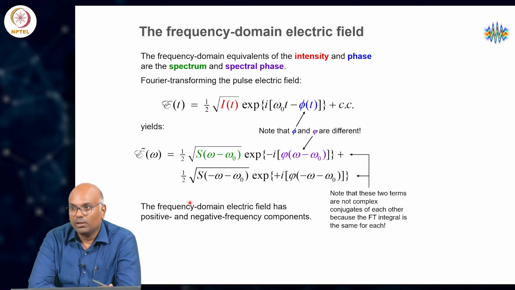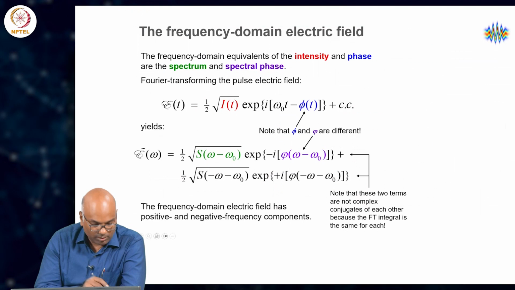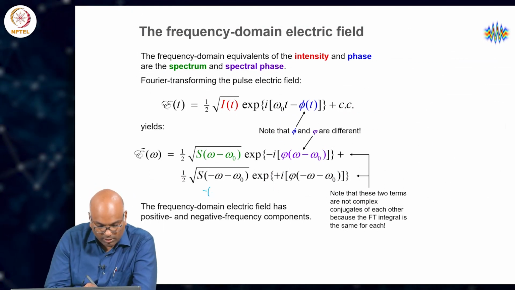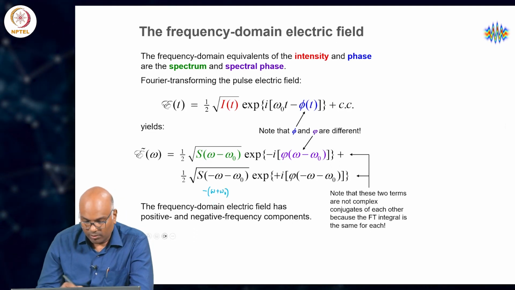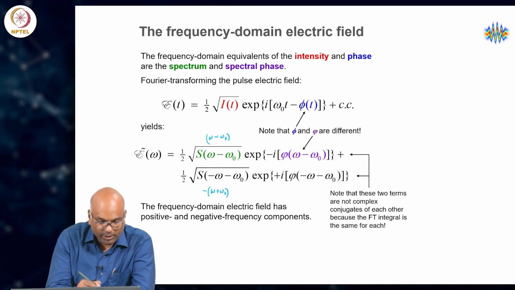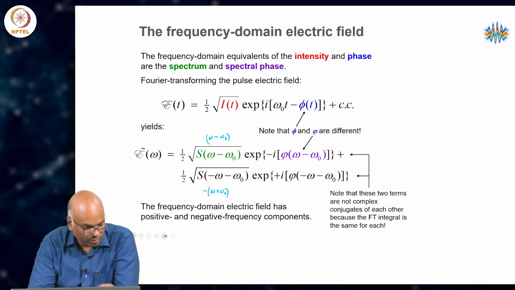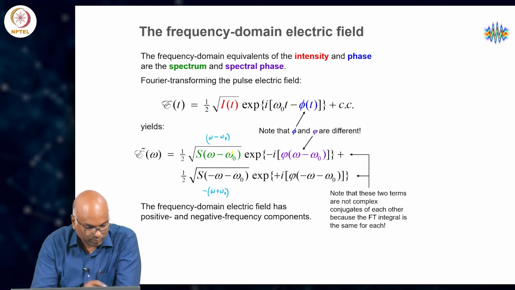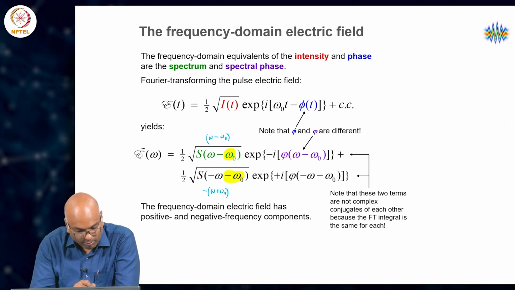It is minus omega plus omega naught, whereas this is omega minus omega naught. So this spectrum is spread across omega naught, the top piece. This is spread across omega naught, this is spread across minus omega naught.